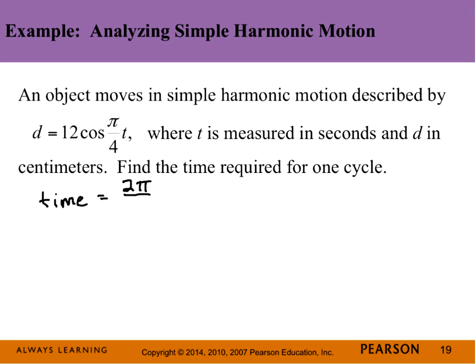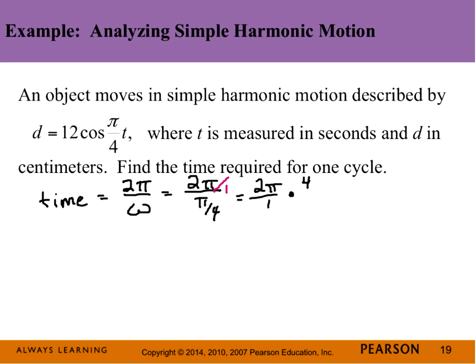Okay, so to find the time, it is equal to 2 pi over W. Remember, that's our period, the time it takes to move through that cycle. So 2 pi divided by W, which is pi over 4.